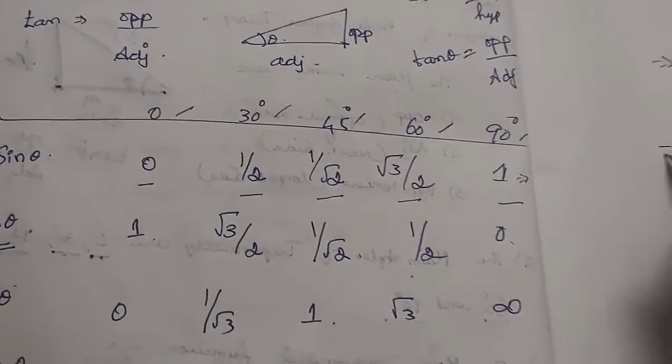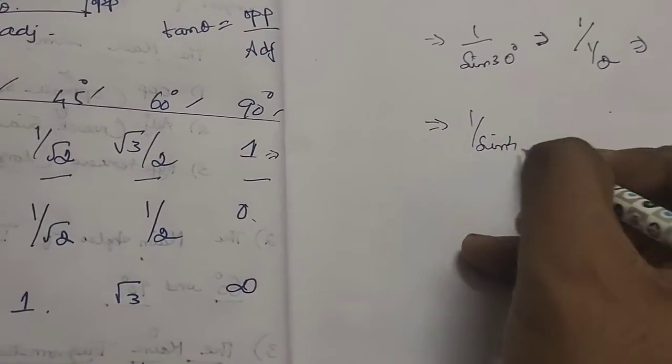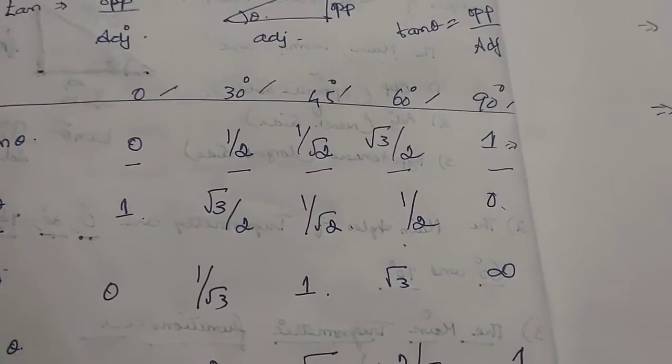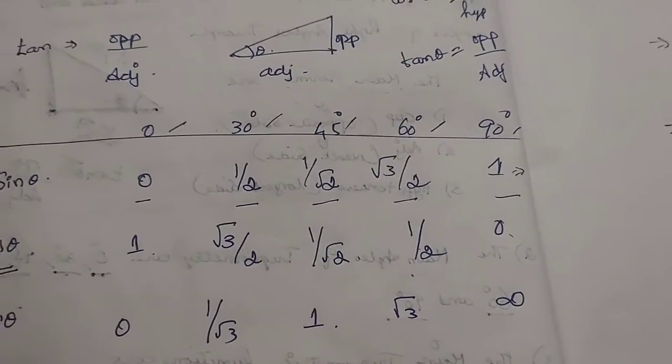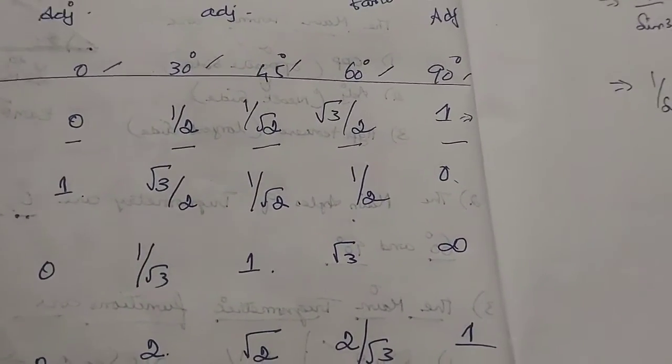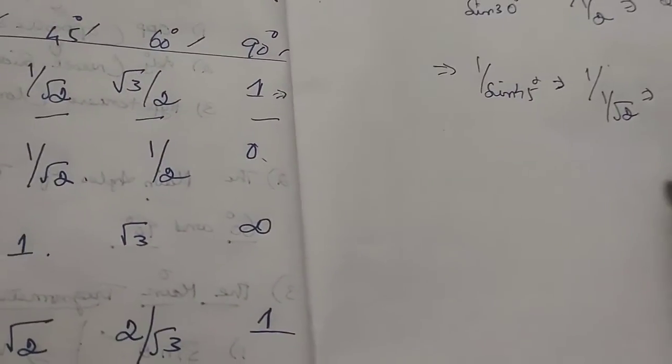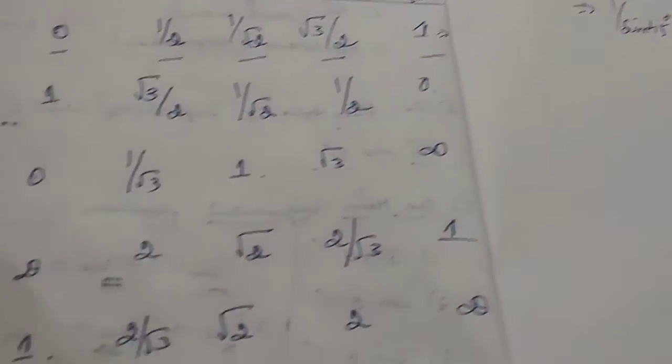Next 1 by sin 45. We already know the value of sin 45 is 1 by root 2, so the root 2 comes over to the numerator, and the value is root 2.